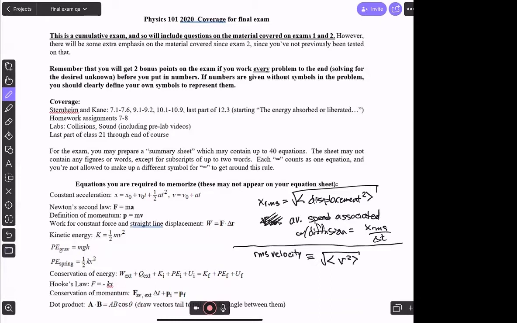And so technically speaking, when we use the equipartition theorem to calculate a velocity, as you did in problems 1 and 9 on this most recent problem set, what you're really calculating is the average value of 1/2 mv squared, and you're using that to deduce a speed. So what you are really calculating here is the RMS velocity, but I think in this class we've just called it the average speed.